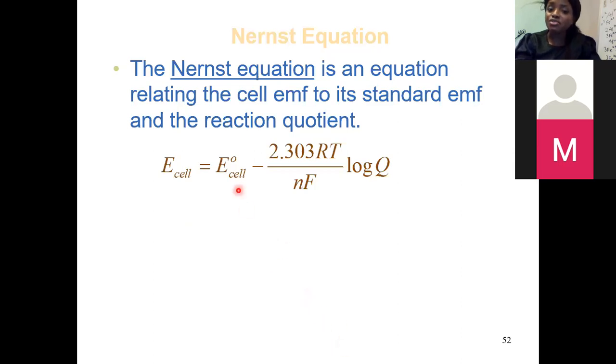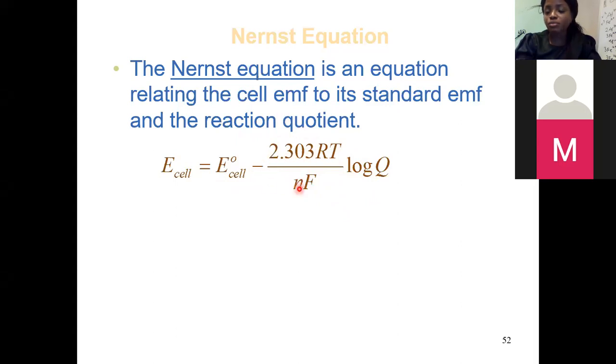Remember that your E naught value is also similar to this, right? If you remember the equation I showed previously, your E naught value was 2.303 RT over NF log K. Because it's a standard state, the T was at 25 degrees centigrade, and we know the gas constant and the Faraday constant.